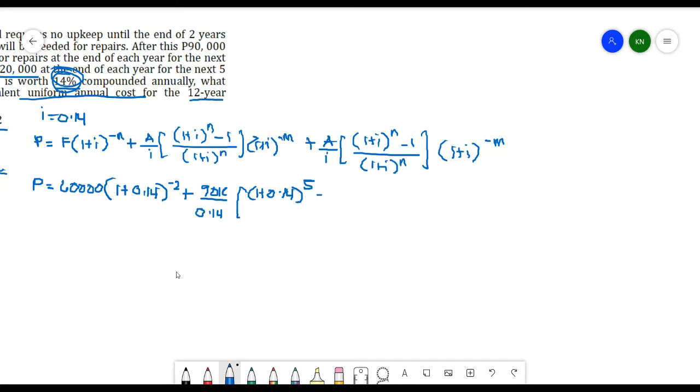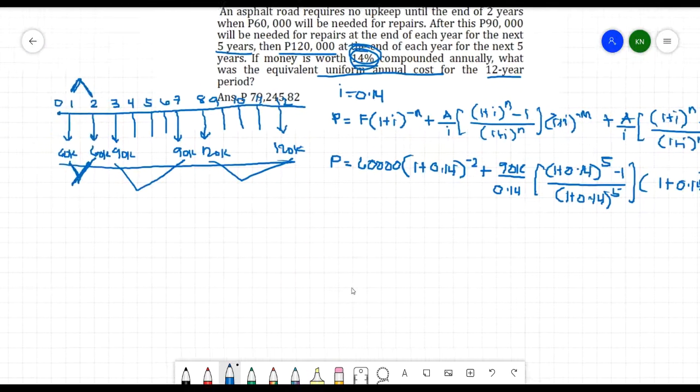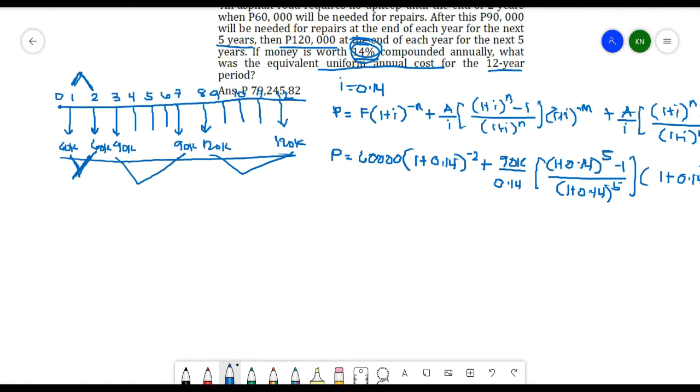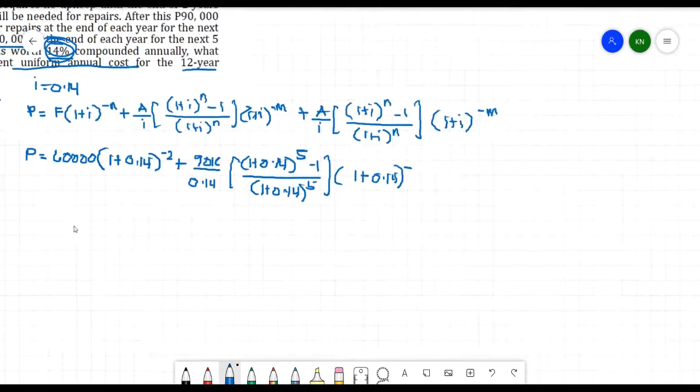So we have minus 1, all over 1 plus 0.14 raised to 5, multiplied by 1 plus 0.14 raised to negative m. Now, what is the number of our m here? So we'll start from here. We have 1 and 2 because that is where there are no 90K payments made. So from here, we have to use 2.